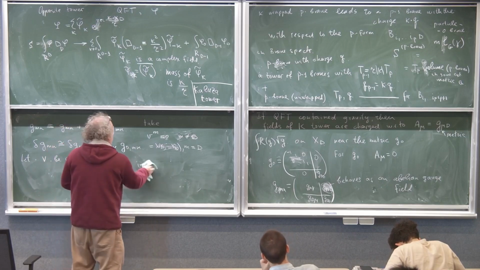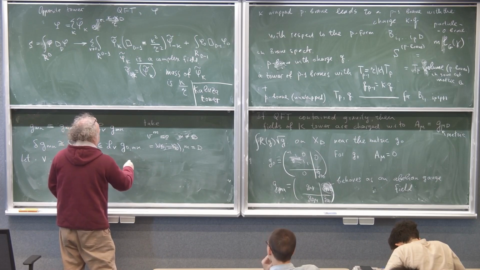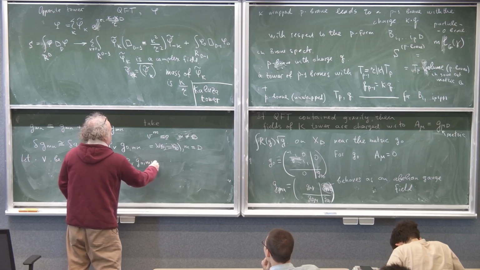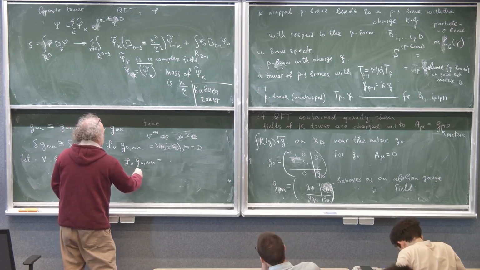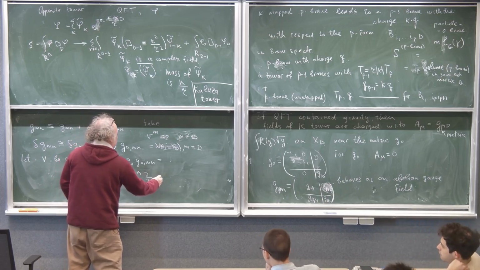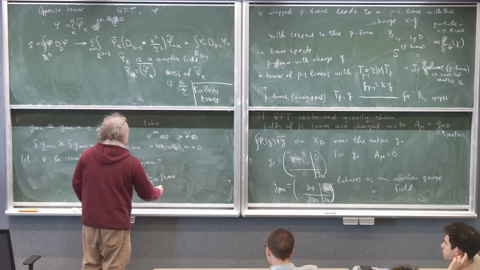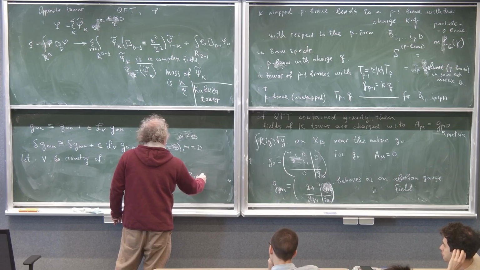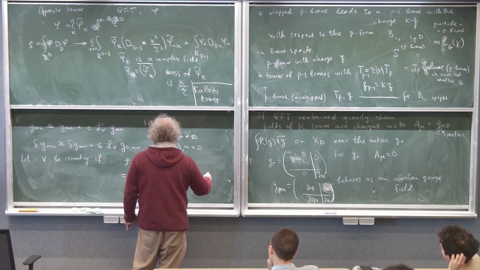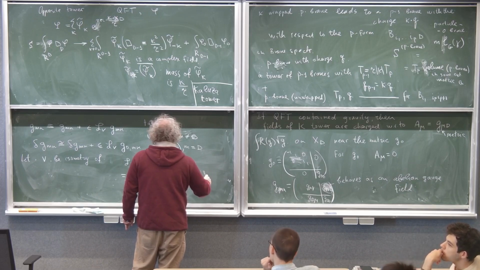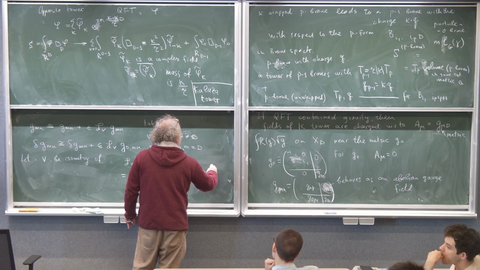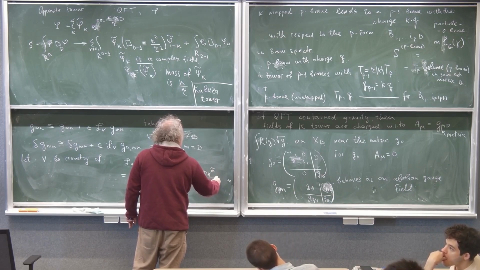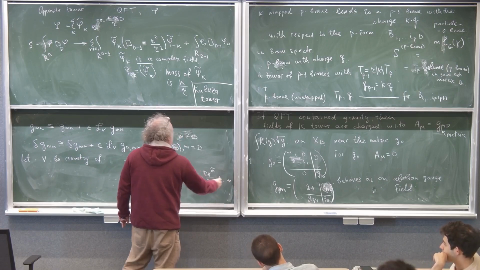Let me write it in components. The Lie derivative of g naught mn equals V^m d over dx^m of g naught mn plus two other terms. g naught mn, and here I have M tilde, and here I have derivative of M tilde over dx^m plus another term like this.